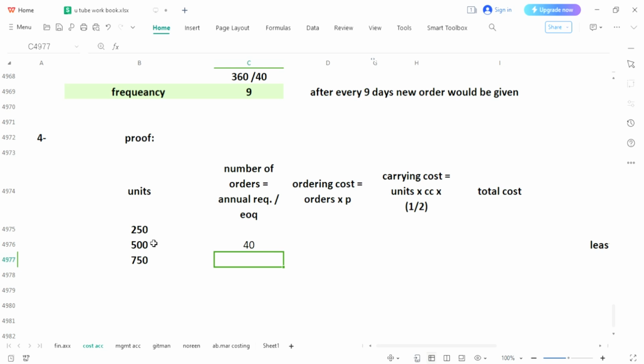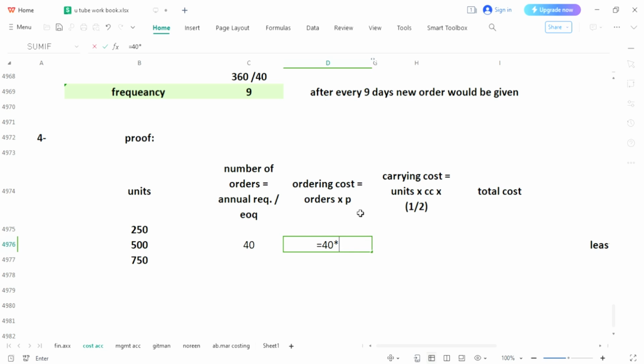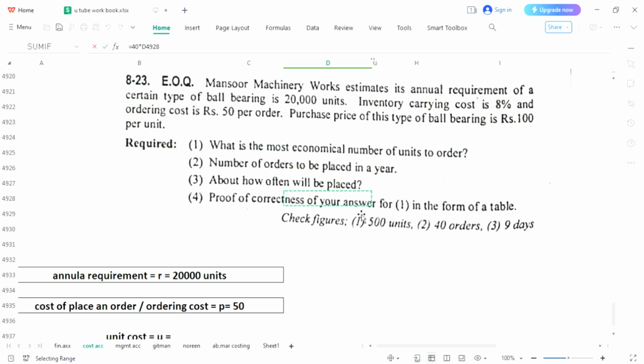40 orders would be placed, after which you need to calculate your ordering cost for that number of orders. These are the number of orders, 40, which we have already calculated, and then you need to multiply it by the cost of placing an order. We have seen in our question the cost of placing an order is 50.